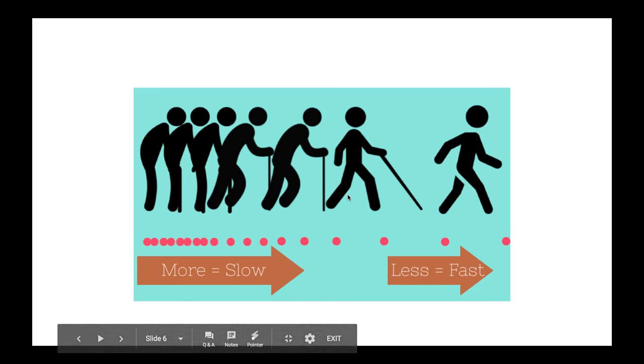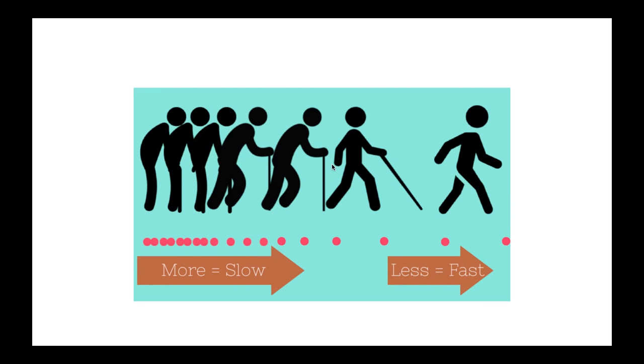So fewer frames with large amounts of change from the previous one make the object appear faster, whereas more frames with gradual changes in the pictures make it appear really slow. Don't worry if you don't get the concept right now. I'm gonna explain it to you with the help of an example later on, okay?